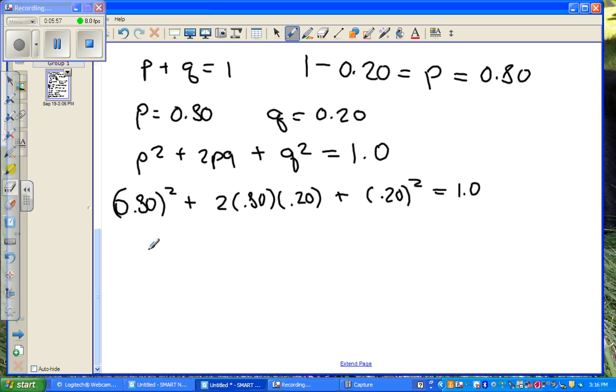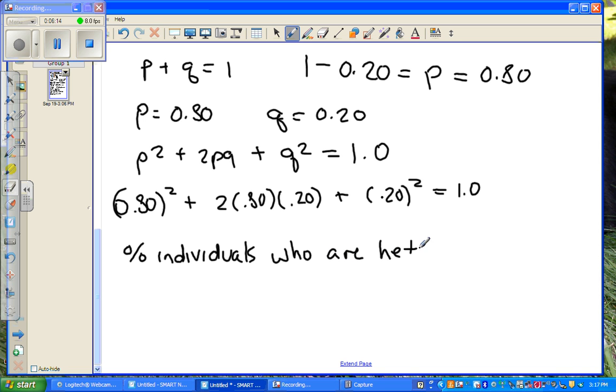So let's say in our population, we want to know the percent of individuals who are heterozygous.